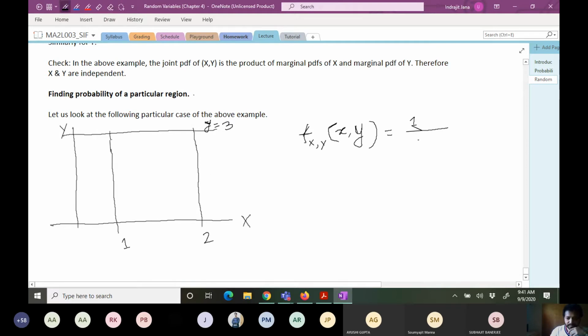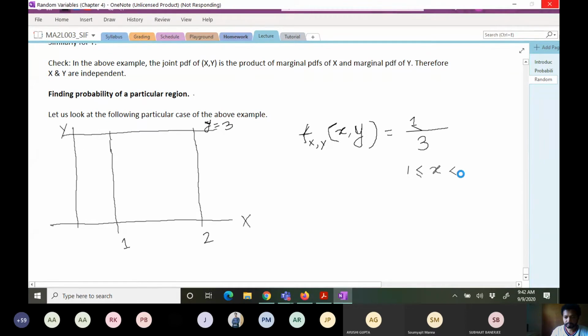So the PDF is 1 over 3, and it is valid when x is between 1 and 2, 1 less than or equal to x less than or equal to 2, and for y between 0 and 3.